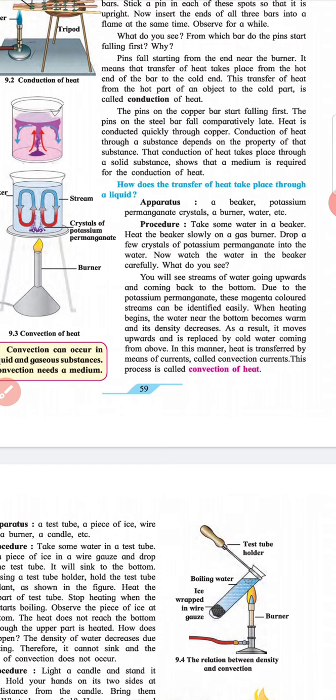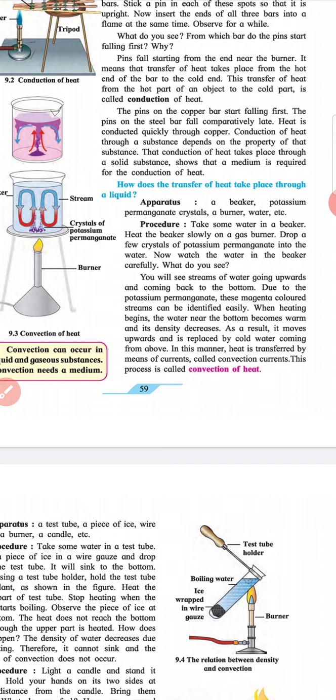What do you see? You will see streams of water going upwards and coming back to the bottom. Due to potassium permanganate, these magenta colored streams can be identified easily. When heating begins, water near the bottom becomes warm and its density decreases.